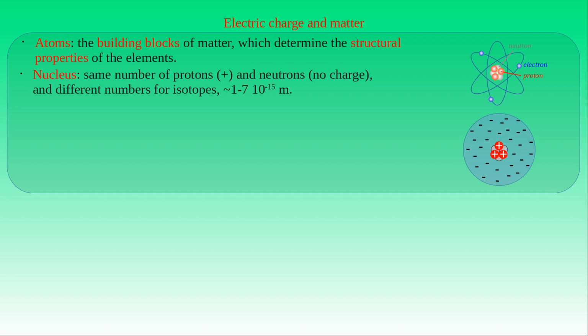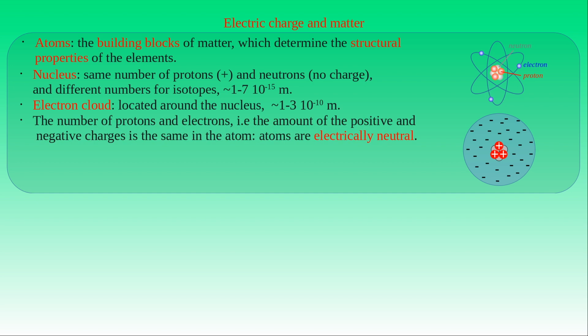The average radius of a nucleon is measured from about 1 to 7 times 10 to minus 15 meters. The electron cloud is located around the nucleus and its diameter is about 1 to 3 times 10 to minus 10 meters. Since the number of protons and electrons is the same in an atom, it has the same amount of positive and negative charges. As a result, atoms are electrically neutral.